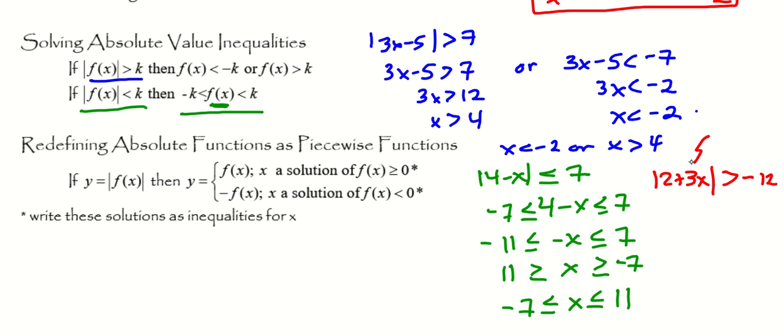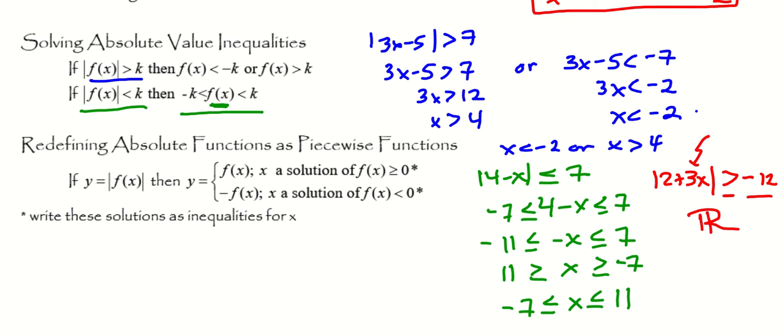Because the absolute value changes every negative to a positive, it will never be negative. The smallest it could be is 0, which means that the result of taking an absolute value will always be greater than any negative number, which means that x can be anything, all real numbers. That statement is always true.